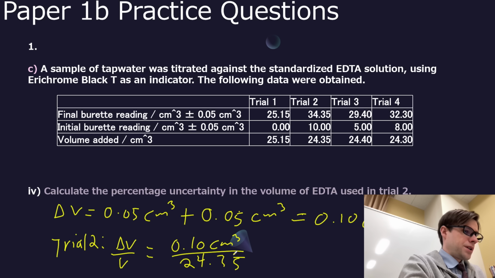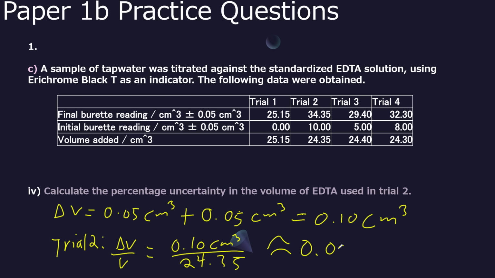So this ends up being about 0.0041 or 0.41% uncertainty in that calculated value. So again, if you need uncertainty practice, go check out one of my other videos. That's all for this.